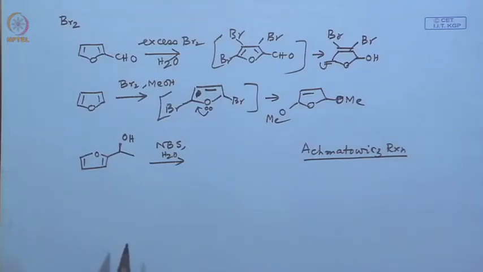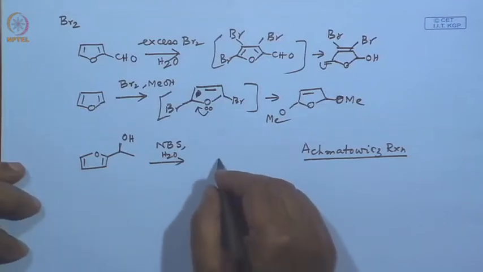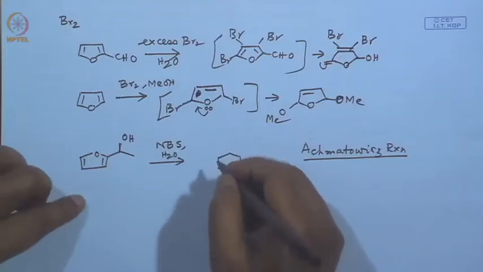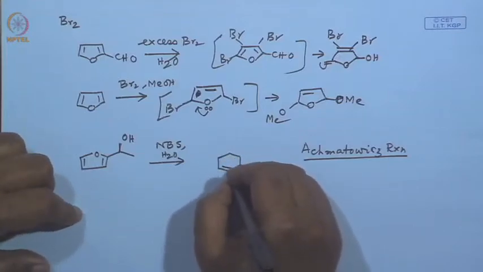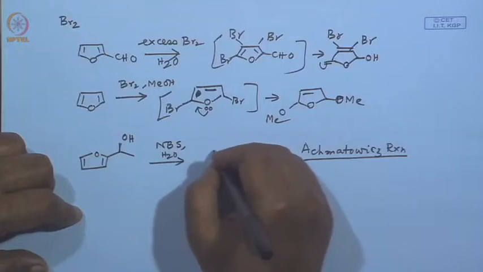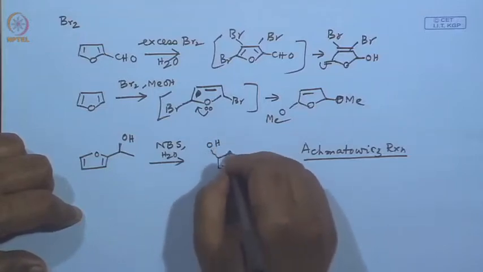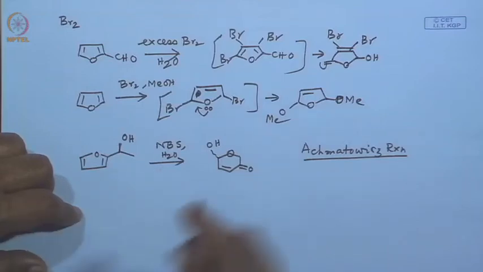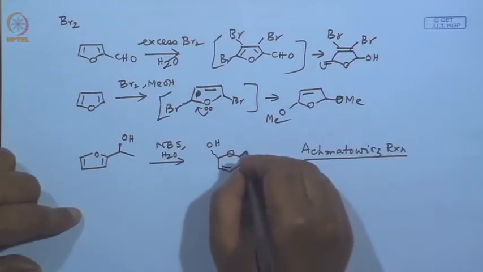What is it? It is a very useful reaction, again an oxidative dearomatization. The product that is formed has a double bond, and then you have this hemiacetal, and then oxygen here and this methyl group.